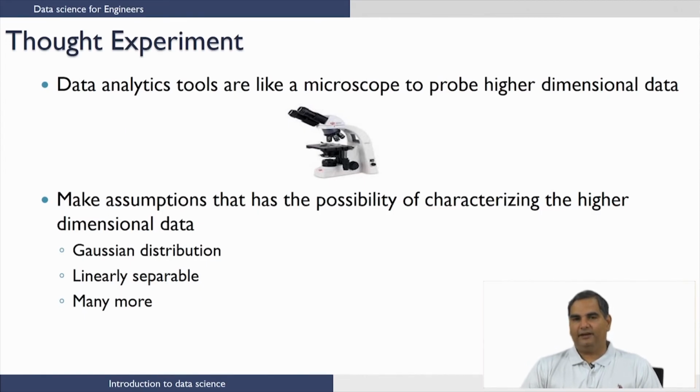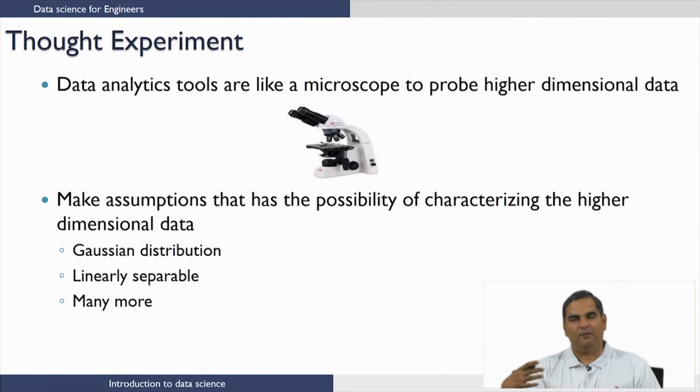So, we have data and we cannot see it, we cannot plot it because there are attributes in the thousands, 10,000s in some cases. So, what you have to do is much like the microorganism example that I showed you, you have to make some assumptions about the data.